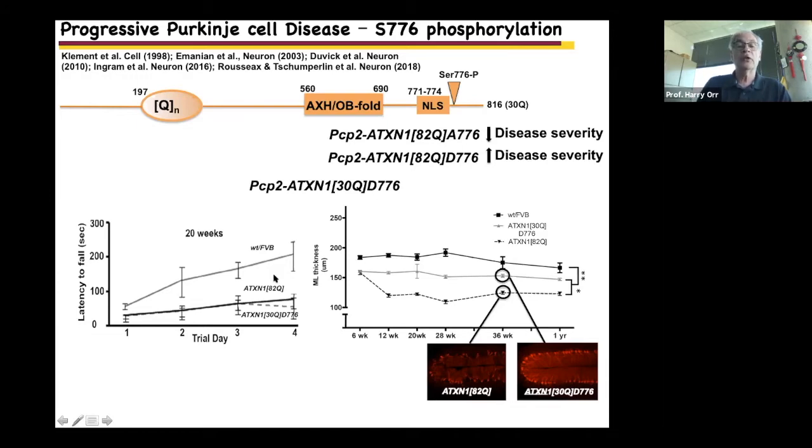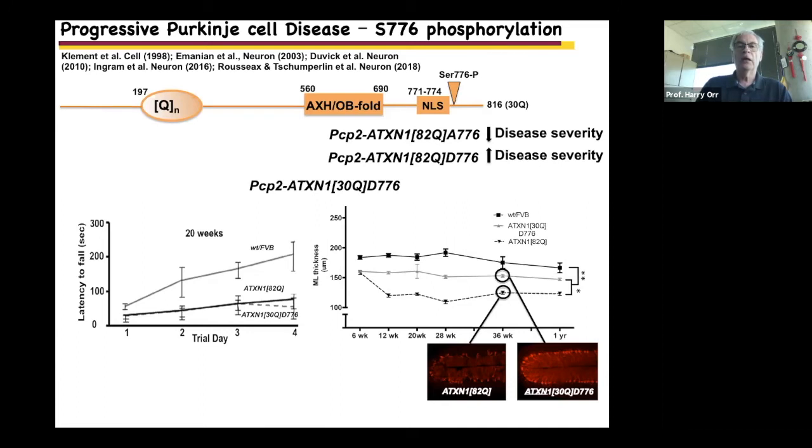The really interesting thing is that these animals are just as ataxic as the animals expressing the expanded version with 82 glutamines, but they show a dramatic reduction in the degeneration of Purkinje cells, most notably as assessed by the thickness of the molecular layer of the cerebellar cortex.